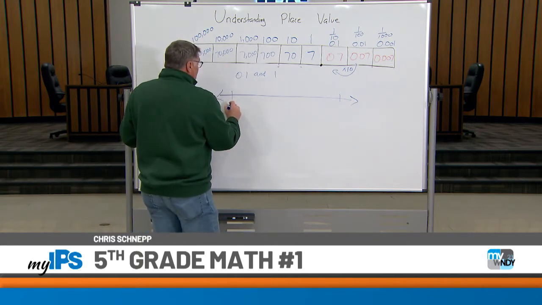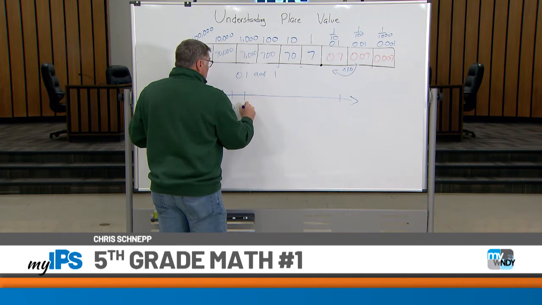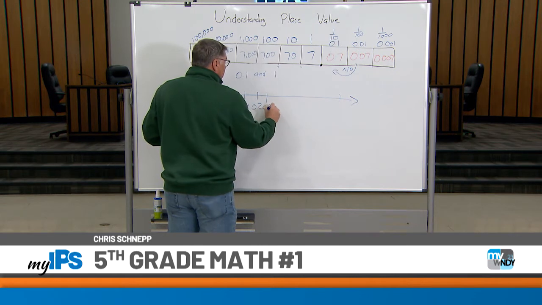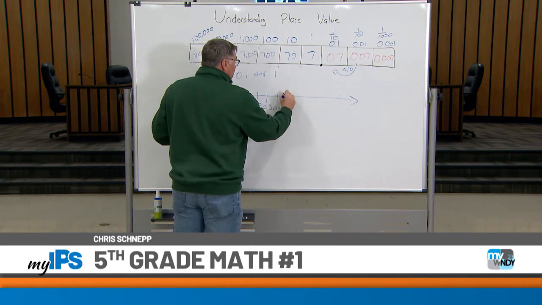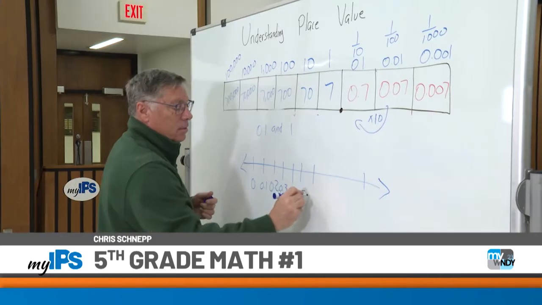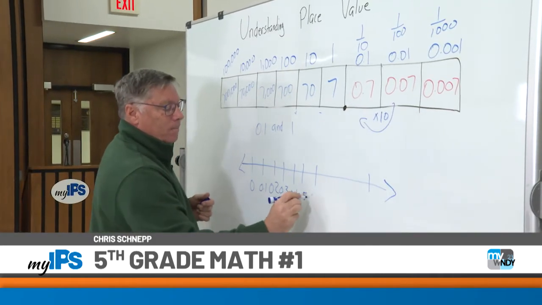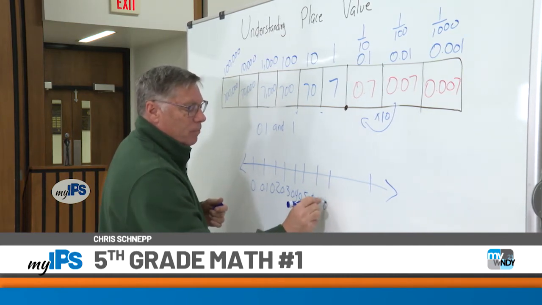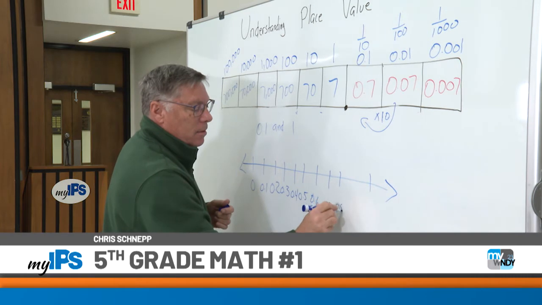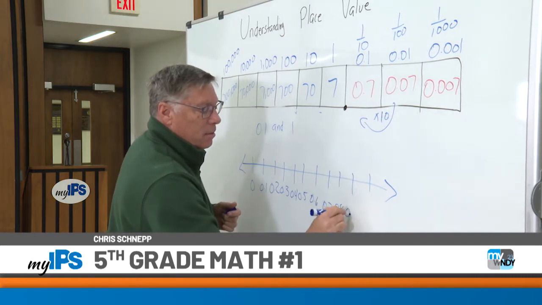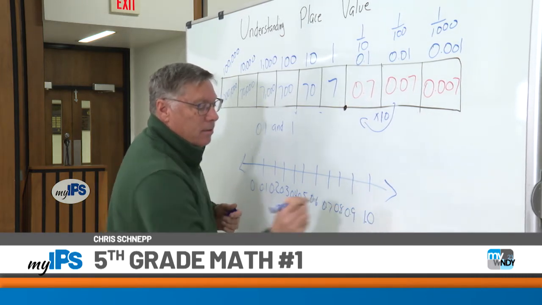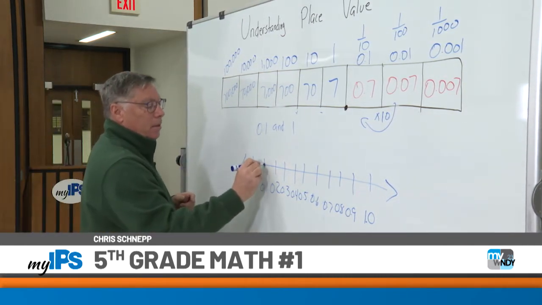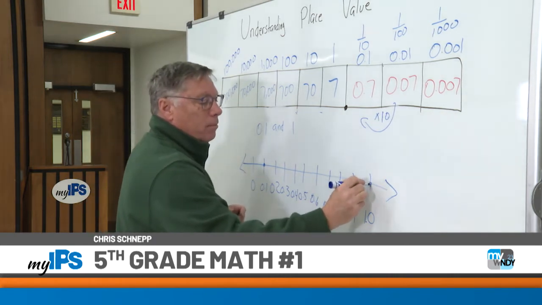So this would be 0, 1/10, 2/10, 3/10, 4/10, 5/10, 6/10, 7/10, 8/10, 9/10, and 10/10 is 1.